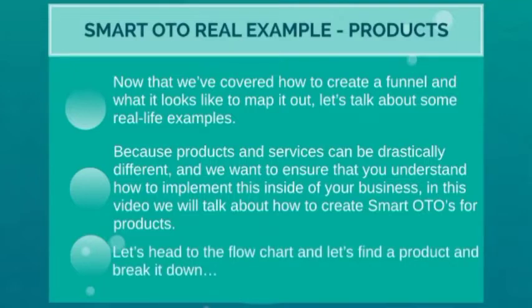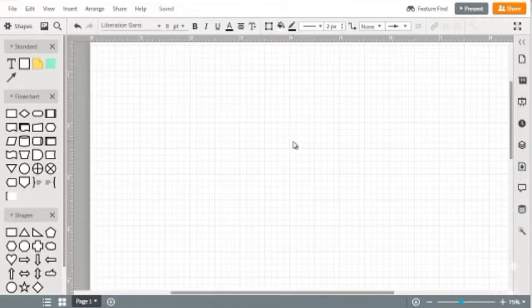So let's head over to the flowchart system again and let's find a product and break it down in relation to products. Before we map out a product funnel, what I want to say is that you do not really need to have products throughout your funnel, meaning you could have a mixture of different varieties of products, of information products to better educate people about your product and more.